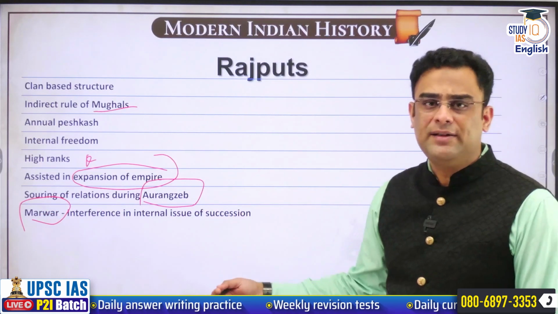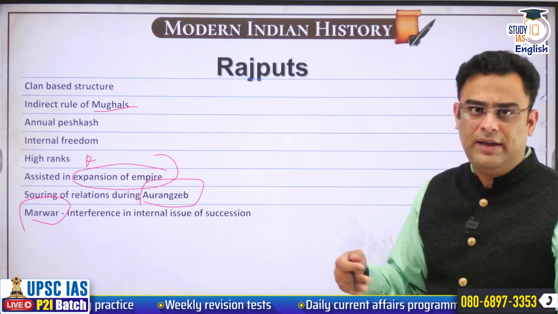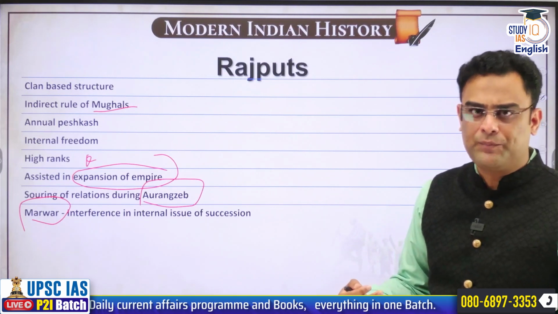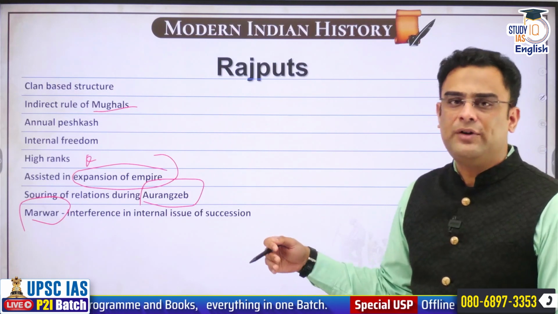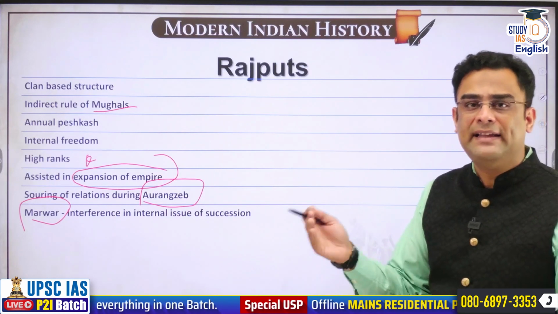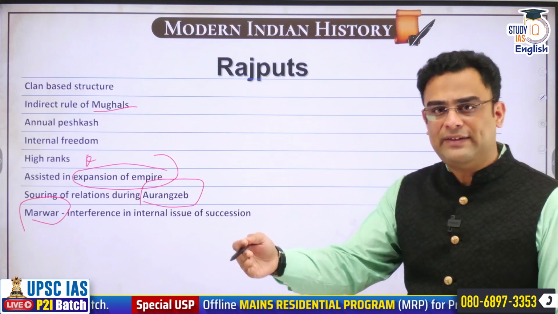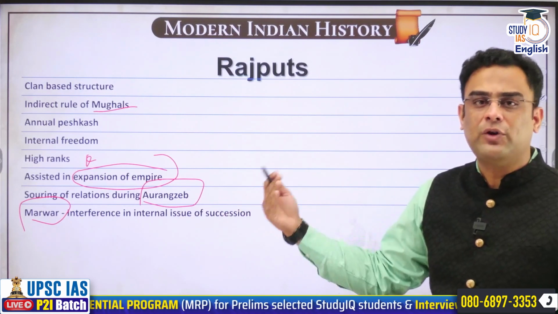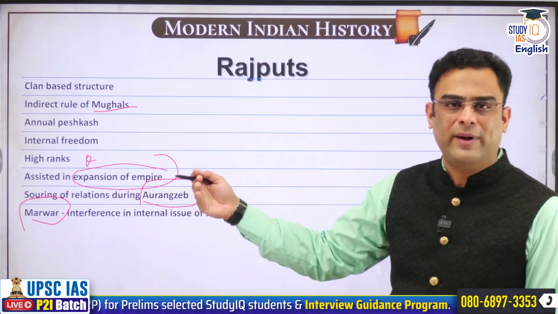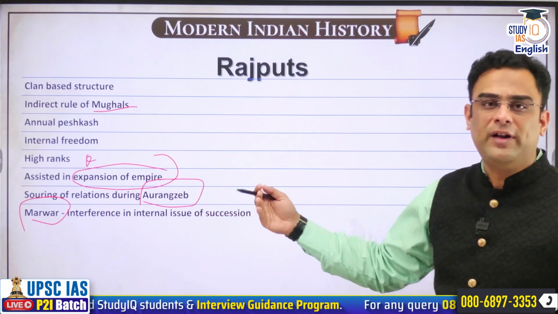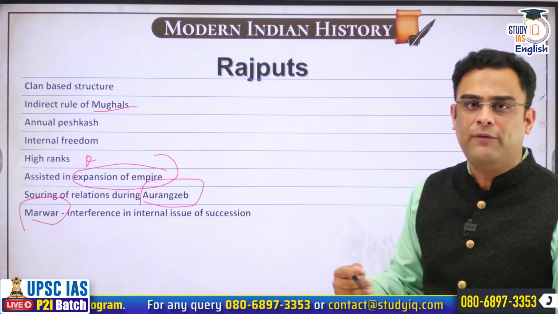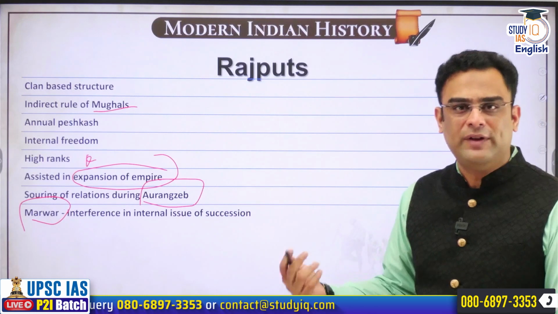The ruler had died, and after that, the infant son had to be raised to the throne. Aurangzeb at that point of time did not allow it, and instead he wanted somebody else from that same family to be raised to the throne, which was not accepted by the Rajput royal family, and that led to a conflict between Mughals and the state of Marwar, which went down the spiral.